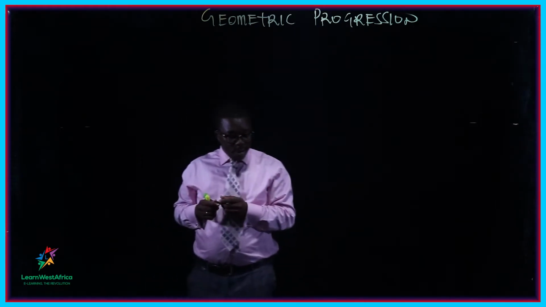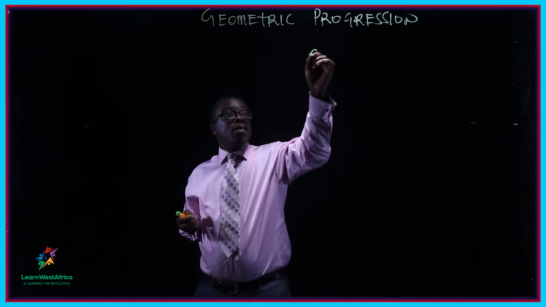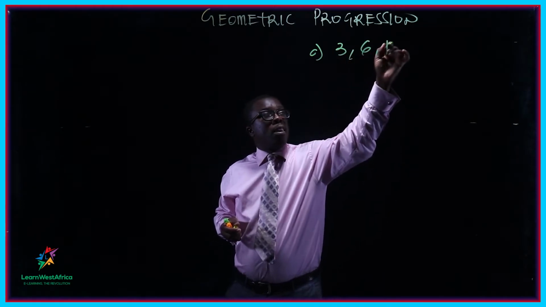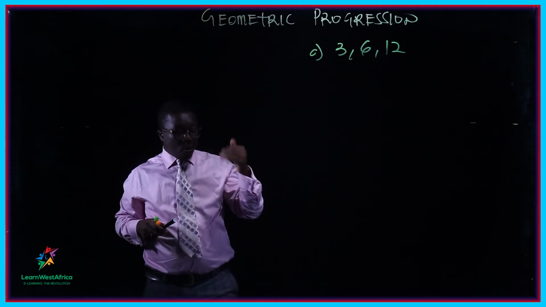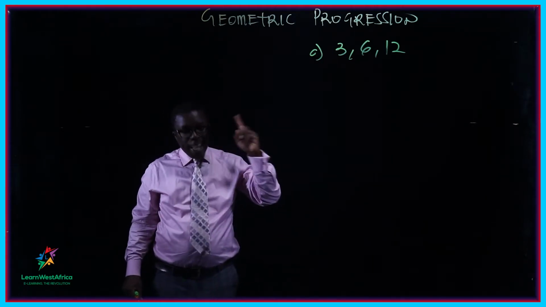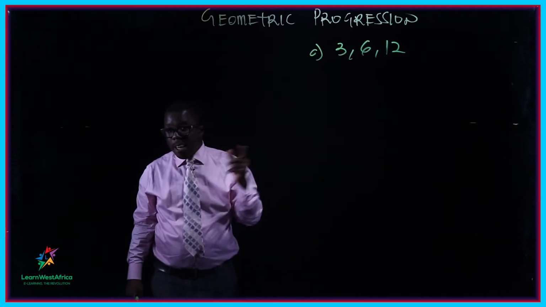Let's look at the sequence we have. The sequence you were given is 3, 6, and 12, and you are being asked to find the next two terms, and also the nth term.